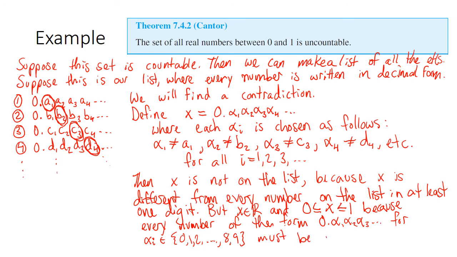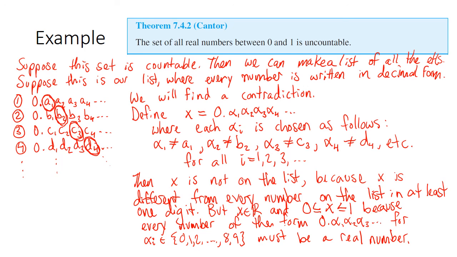So we defined x in such a way that it does have to be a real number. We gave it a decimal form, and anything in a decimal form is a real number. And since we made it start with 0, it has to be between 0 and 1 inclusive.